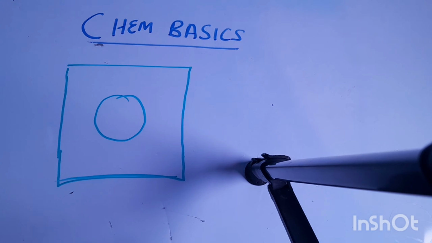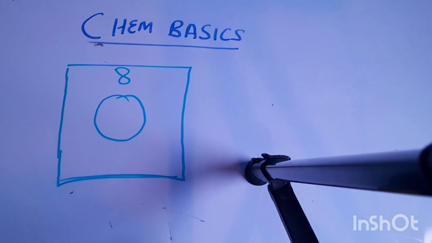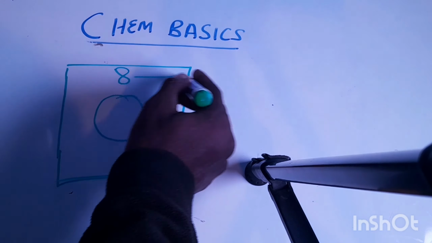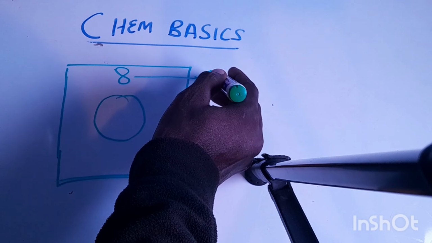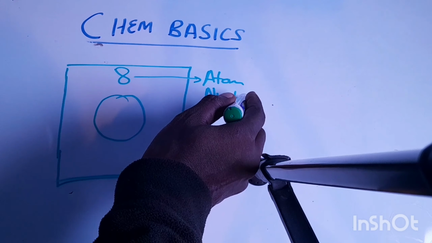So how is this oxygen built up? We also have this number on top, which is the atomic number.